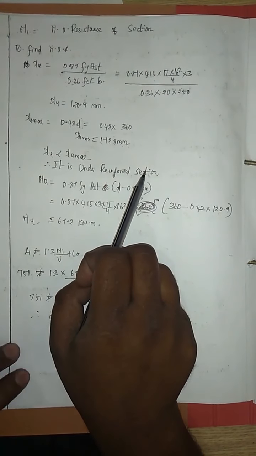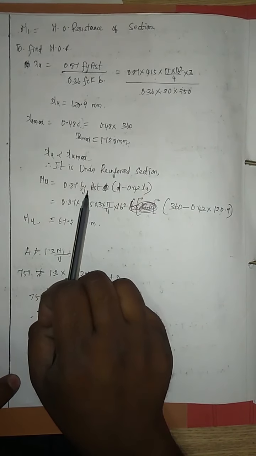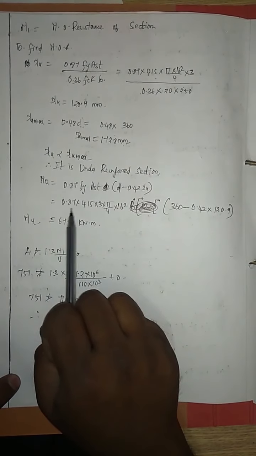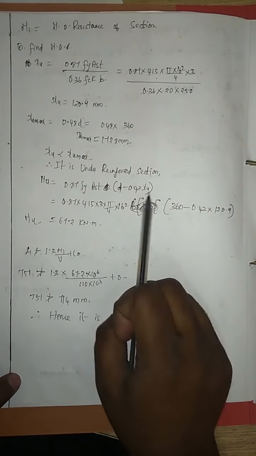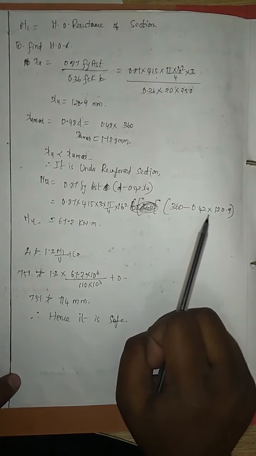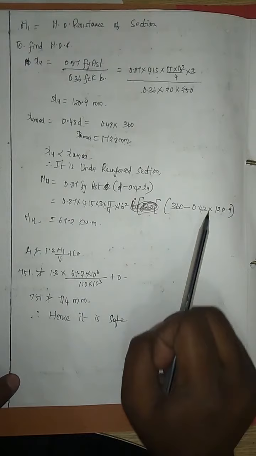So what is the moment of resistance for an under reinforced section? Mu is equal to, there is a formula, 0.87 Fy AST into d minus 0.42 XU. So 0.87 into Fy 415 into AST, 3 into pi by 4 into 16 squared, into small d, 360, minus 0.42 into XU, here 120.9 mm is given.